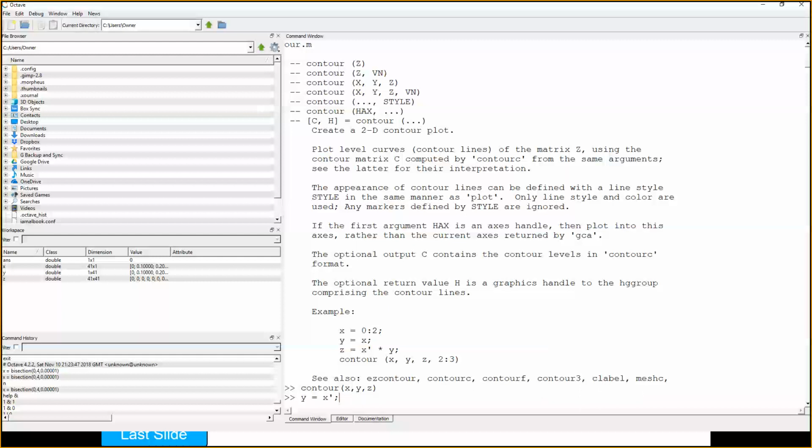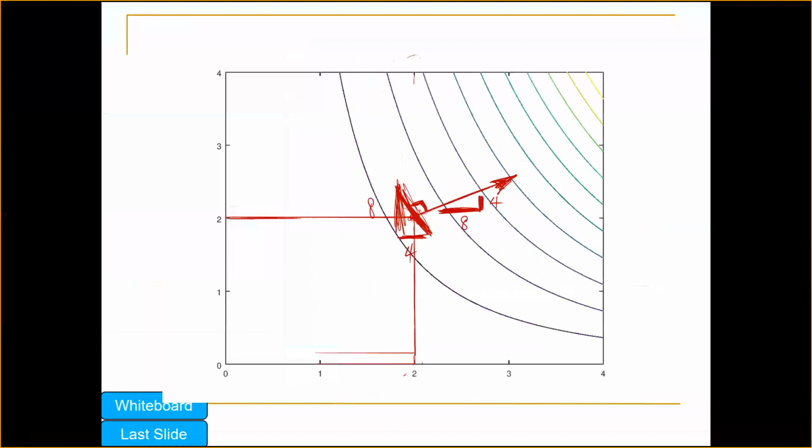So let's just do a check to see what is actually being plotted here.